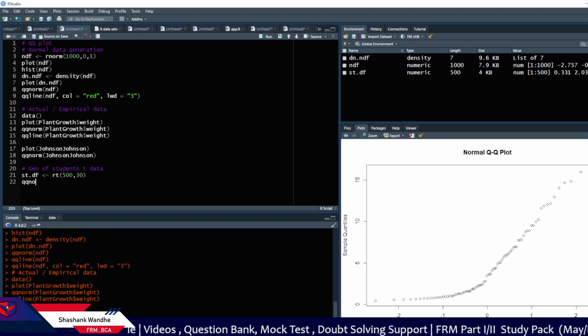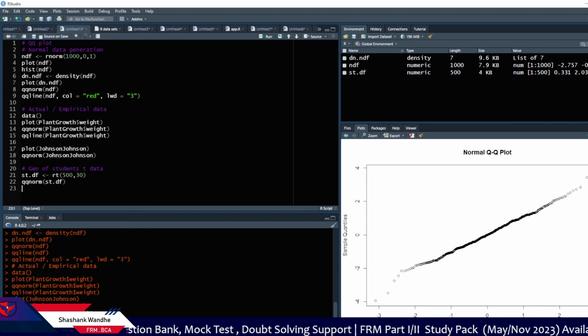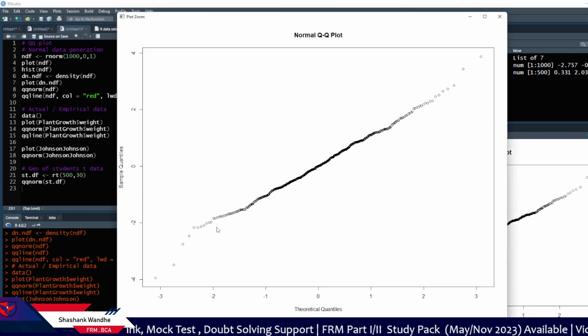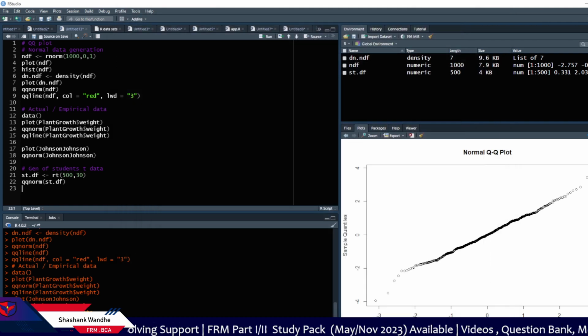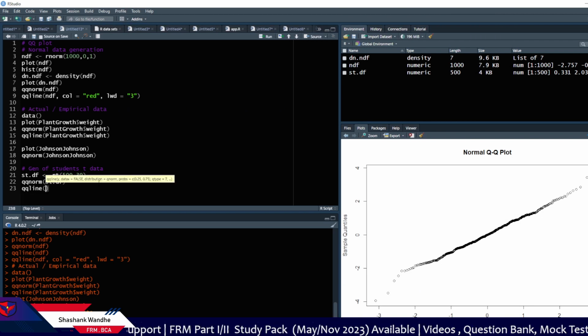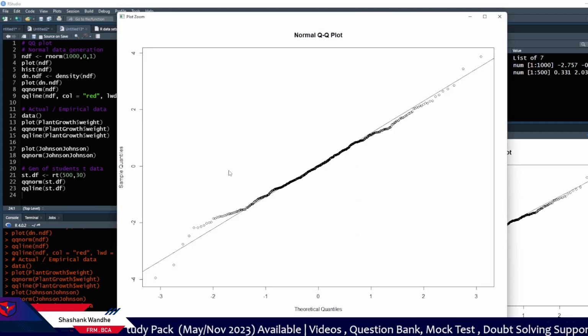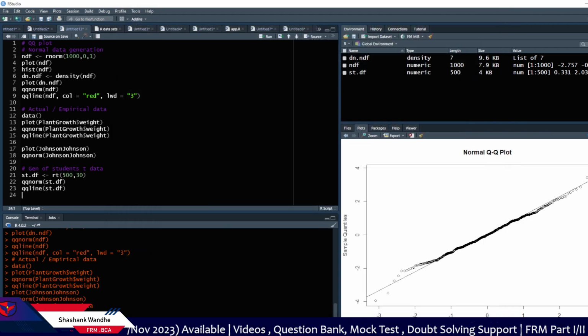And now let's plot qqnorm st.df, and here we have some deviation, but this particular deviation is not always visible. Sometimes it's visible, sometimes it's not. It totally depends upon your data. This is still looking proper.